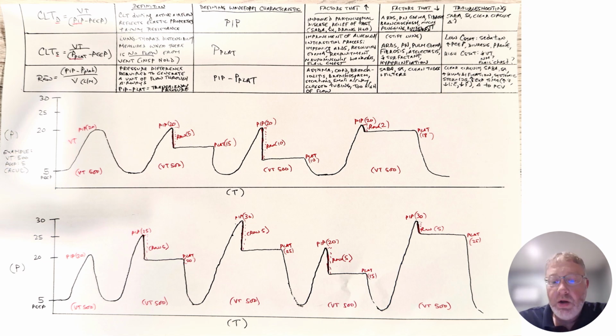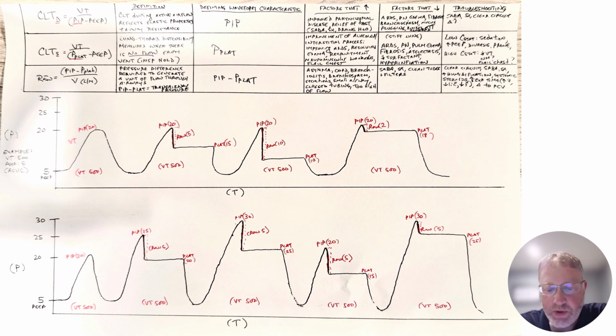Things that increase your static compliance: any improvement of the alveolar or interstitial process, if you have ARDS or edema, any kind of improvement with that, recruitment maneuvers. Neuromuscular weakness and flail chest actually increase the static compliance when you know it shouldn't.